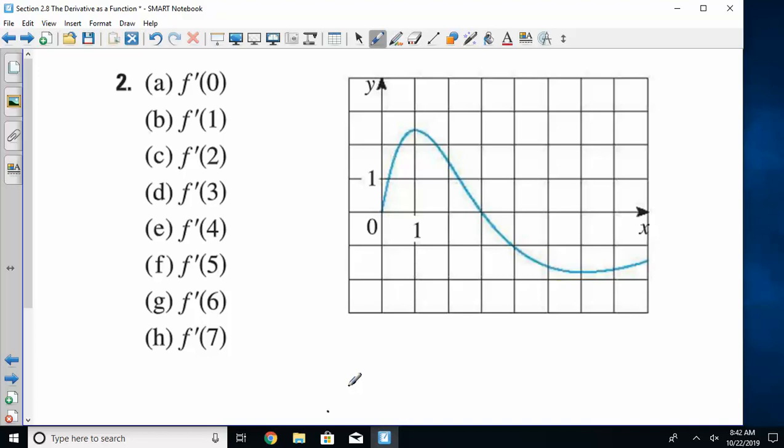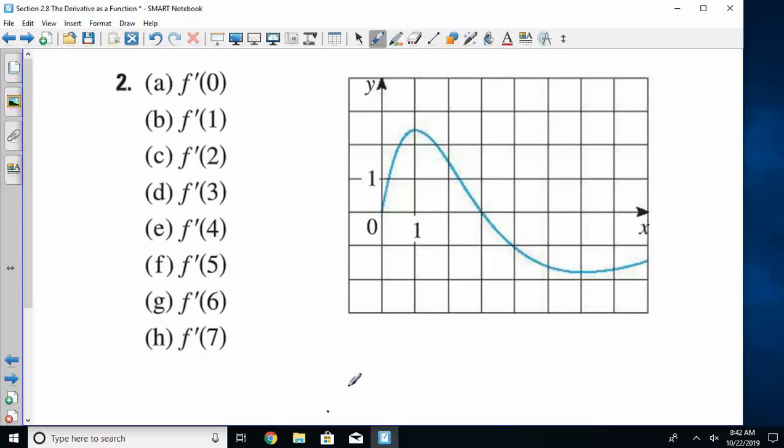What this is asking you to do is estimate values from a graph. So on the homework, I may give you one of these. You're not going to be real accurate with it, but we can be in the ballpark. When it says f prime of 0, that's like saying what's the derivative at 0. Now derivative is slope of a tangent line, right?